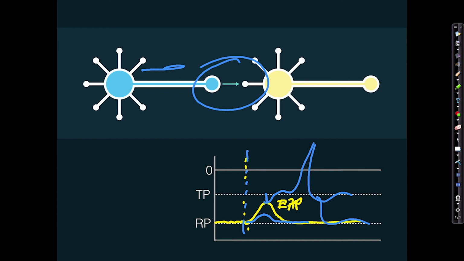Whereas in the case of this much weaker EPSP, perhaps you'd need 2 or 3 more EPSPs to actually push that membrane potential over the threshold. Great.